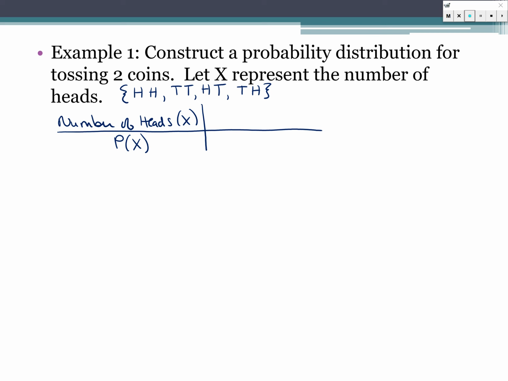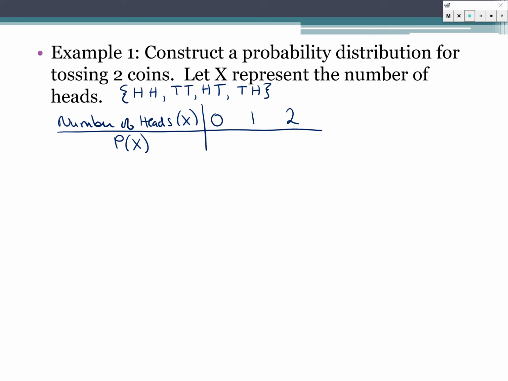For the total possible number of heads, we might have 0 heads, we might have 1, we might have 2. You know what numbers to put in based on your sample space. I'm not going to need to go beyond 2 because the greatest number of heads I have is 2. The smallest I have is 0, the greatest is 2.